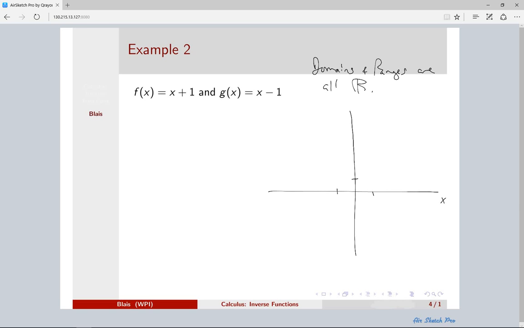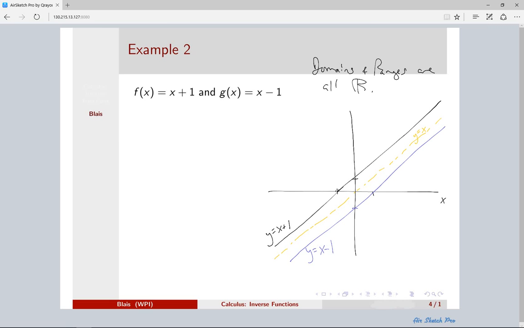So this is just y equals x shifted up 1 unit. And then y equals x minus 1 is y equals x shifted down 1 unit. So again, we see that these functions are symmetric about the line y equals x.